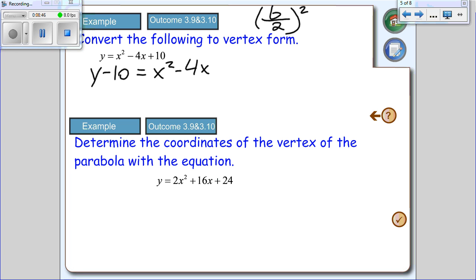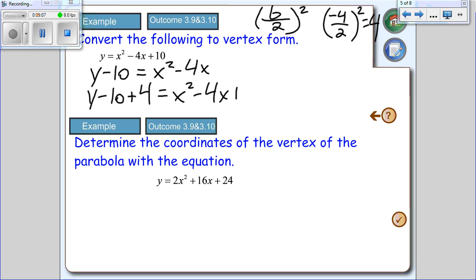So now it's y minus 10 plus b divided by 2 squared, which is negative 4 over 2 squared, just 4. So we're going to add 4 to both sides. So we've added 4 to both sides.